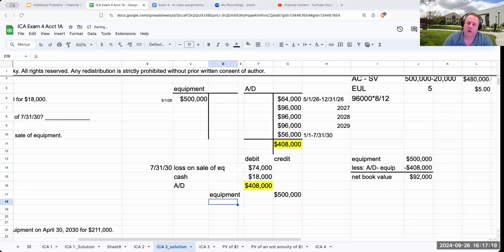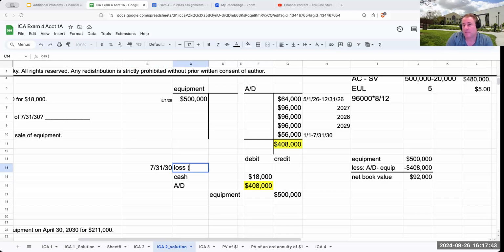Now, when you're doing these problems, to make this easier on you, here's what I would suggest doing. We always know we have to credit equipment to take it off of our books. We have to debit accumulated depreciation to take that off of our books. We're debiting cash because we're receiving cash as a result.